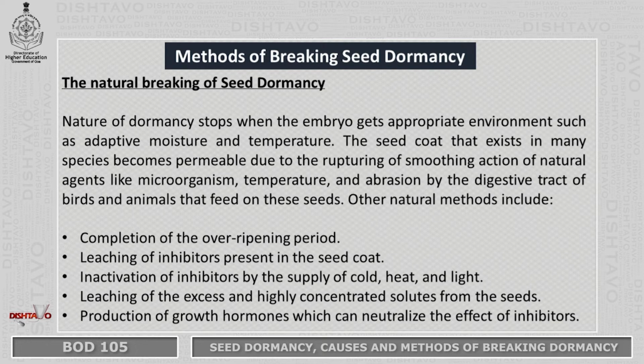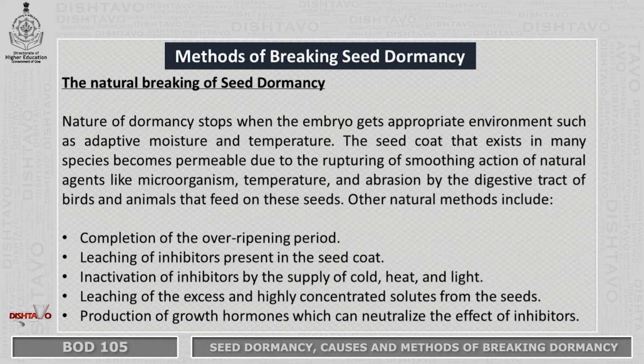There are various methods of breaking seed dormancy, which are natural ways and artificial ways. Natural breaking of seed dormancy involves the dormancy stopping the embryo from getting an appropriate environment, such as adequate moisture and temperature.